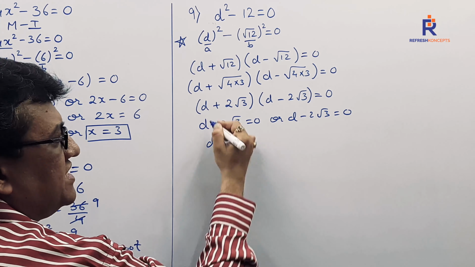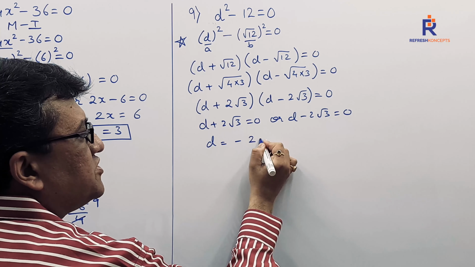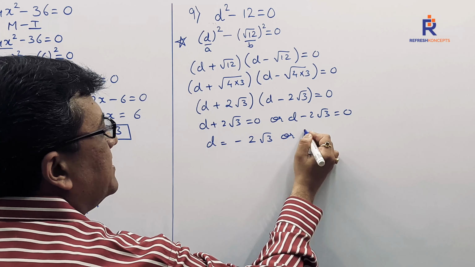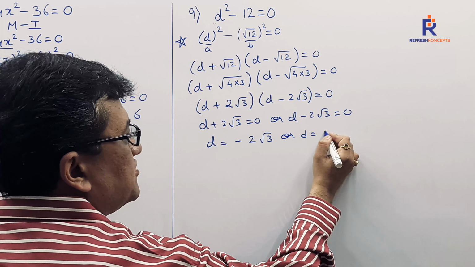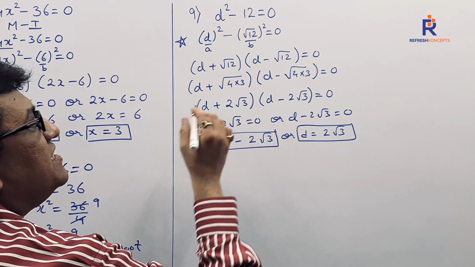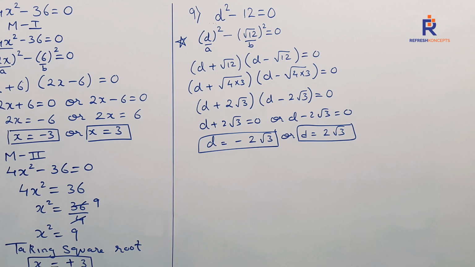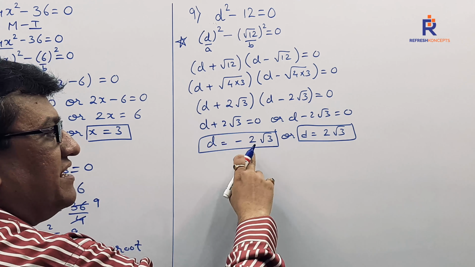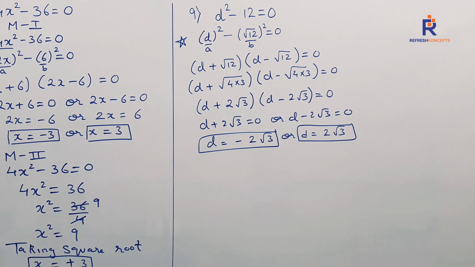So d is equal to, when this goes over there, minus 2 root 3, or d is equal to plus 2 root 3. Now those who feel that they can proceed with this particular sum by method 2, as we discussed, you can take the square root, and again you are going to have the same answer.